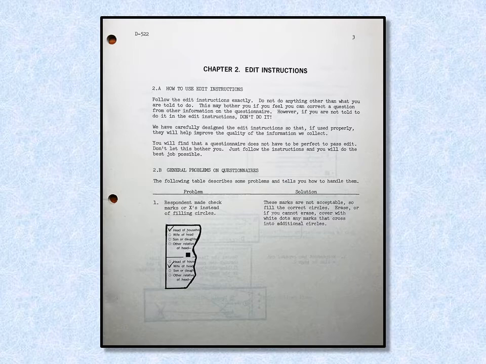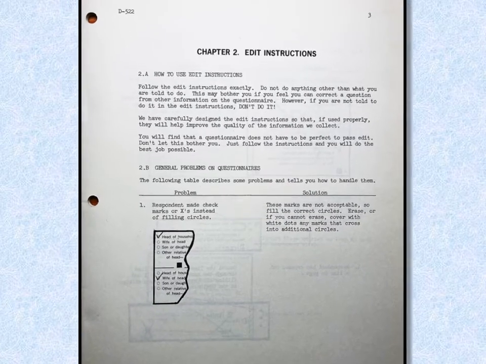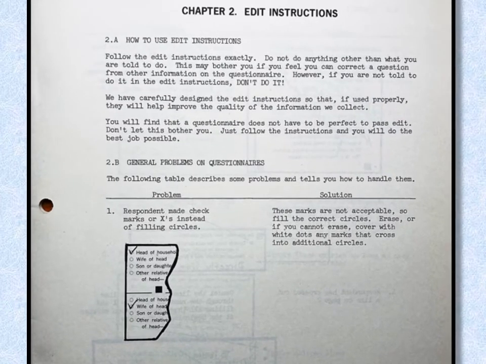For instance, in the short form edit instructions, you can see here that the respondent made check marks or put X's down, did not fill in the box in those circles well. And the solution for the person doing this checking, this enumerator, is that it says these marks are not acceptable because FOSDIC is not going to be able to read them.